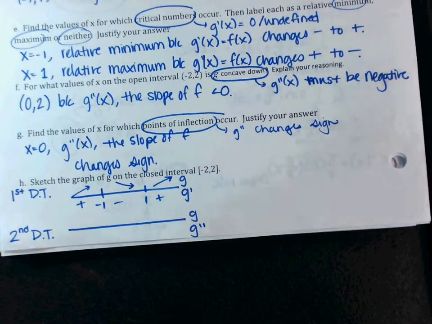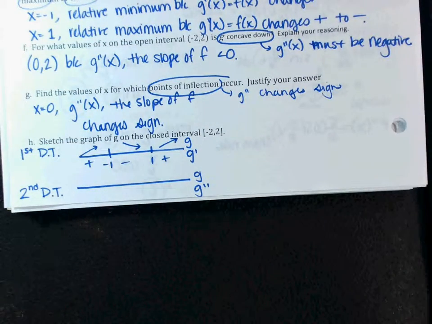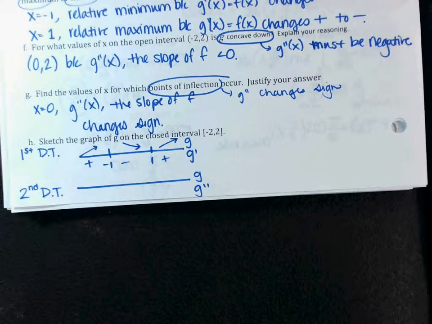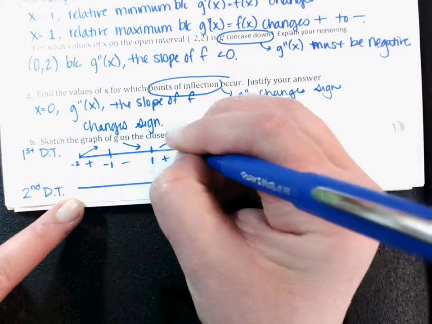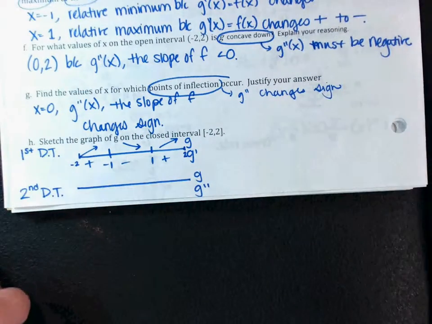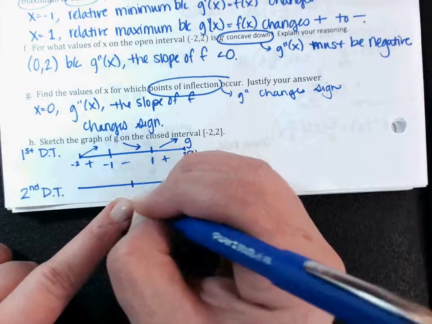Now, for the second derivative test, I'm looking at g double prime, but that's really f prime. So this is -2 on the end point, and this is 2. Okay, so look at your graph. Where did we say the point of inflection happens? At what number for the second derivative? 0.